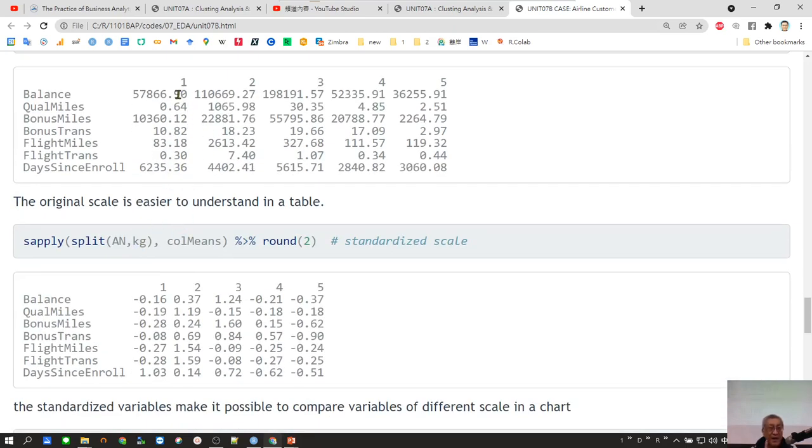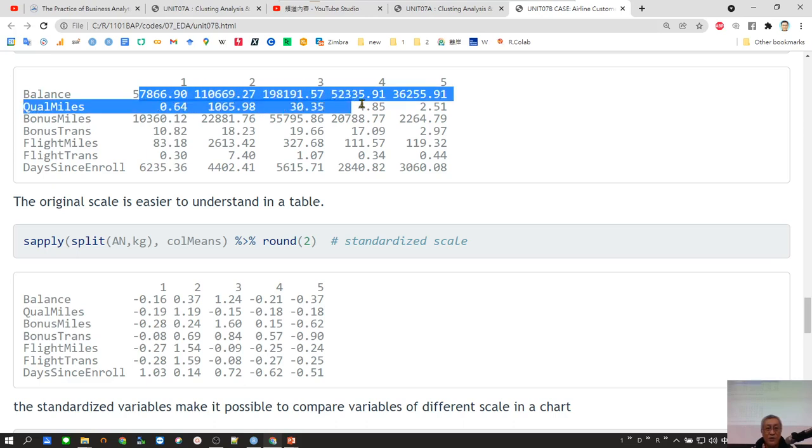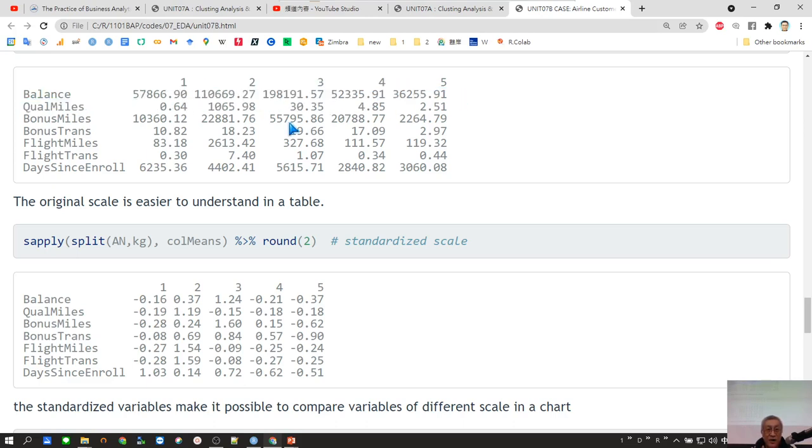This is the average balance of the first group. If I want to see balance, the group that has the largest average balance is group 3, and the group that has the smallest average balance is group 5.